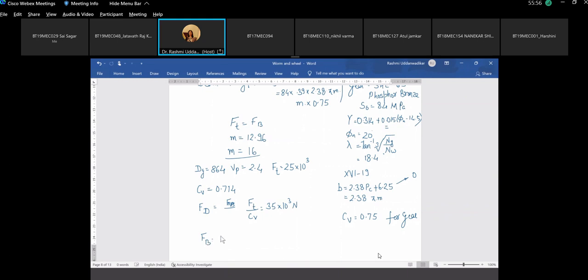Now for this FB, S0 is same, Y is same. Now while comparing, we ignore CV, M is same. Now you can use the actual value of B, which is 2.38 PC plus 6.25, with modulus 16. Initially we ignored it because it was difficult for us.